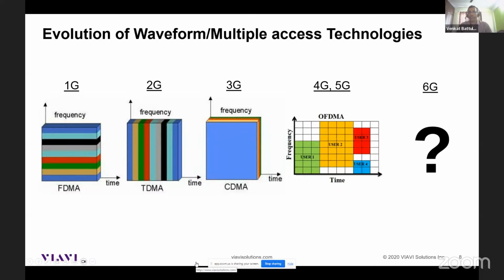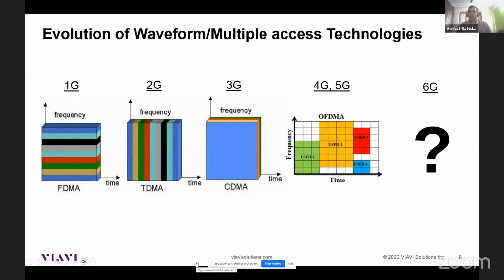4G and 5G basically use orthogonal frequency division multiple access, where users are allocated both frequency and time resources. That's the most efficient way compared to TDMA and FDMA. It's a good access technology, OFDMA.